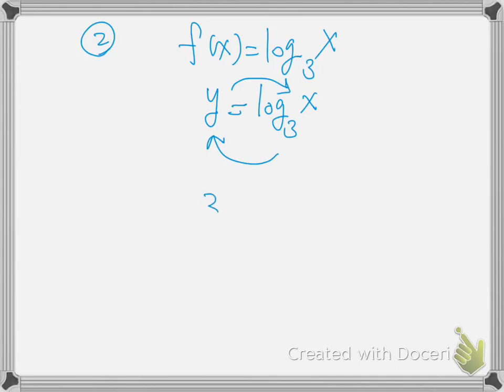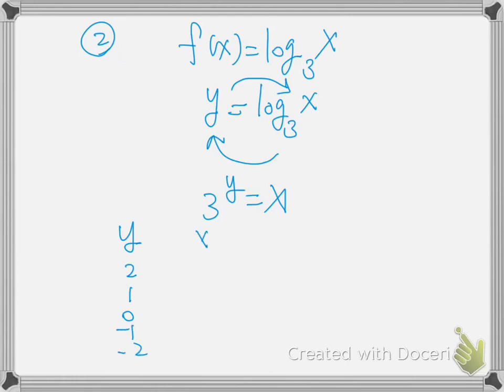So 3 to the y's power is x. So we change the log function to an exponential function. Now the input for this exponential function will be the output of the log function. So we pick numbers for y, which is the output of f of x. We pick y is 2, 1, 0, -1, -2.